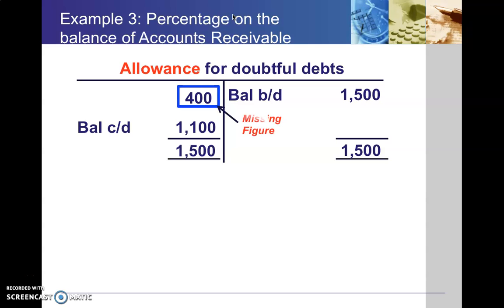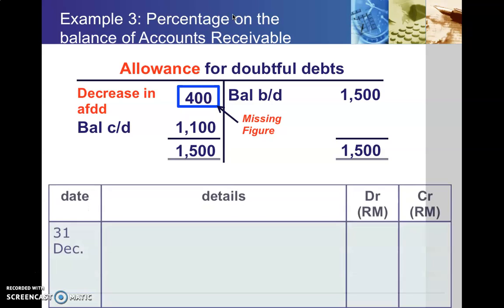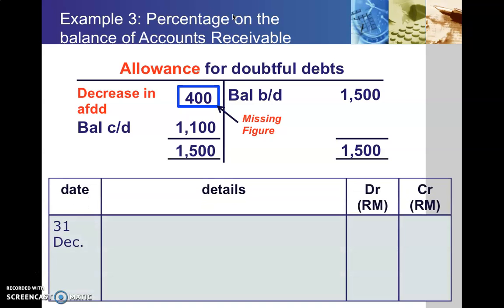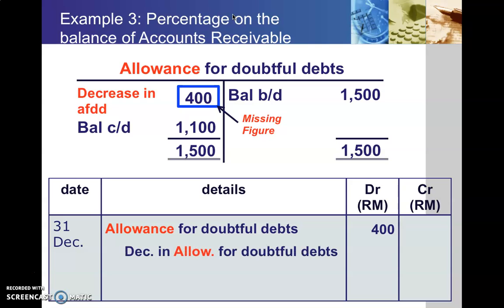We debit it as a decrease in allowance for doubtful debt. The journal on 31st December: debit allowance for doubtful debts 400, credit decrease in allowance for doubtful debt 400. Description: record the decrease in AFDD.